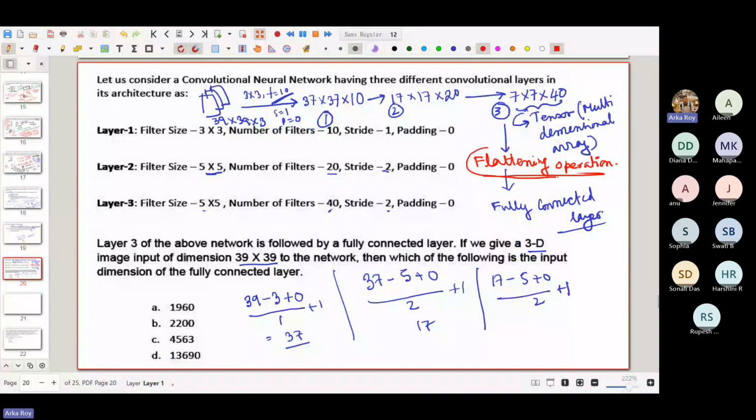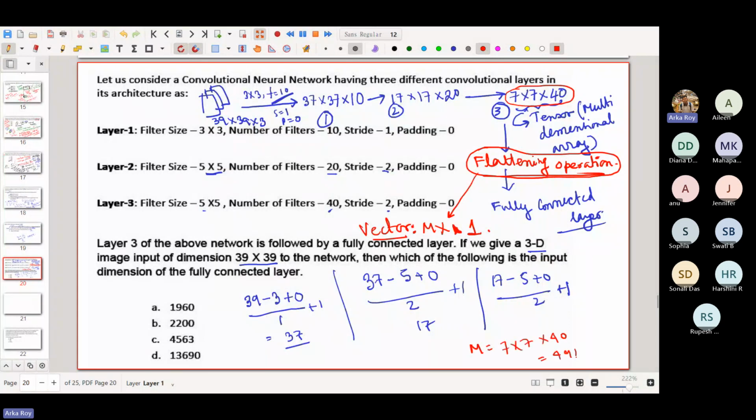So a flatten layer was there. What it does is it generates a 1D vector out of a tensor. So the shape of the vector will be m cross 1. And what will be the value of m? The m value will be 7 cross 7 cross 40.